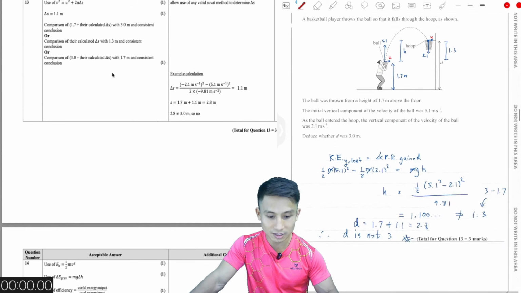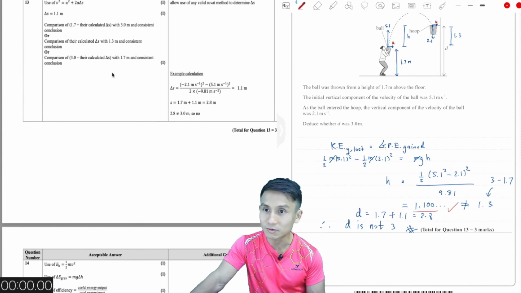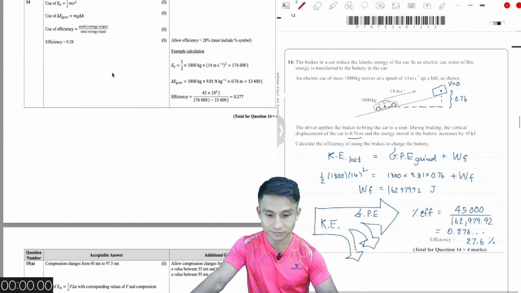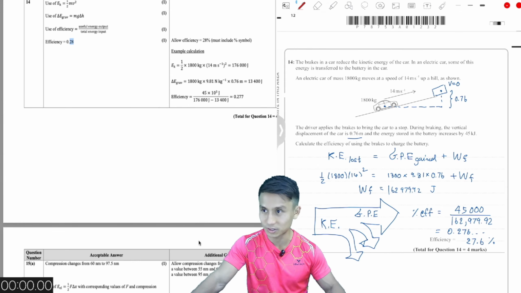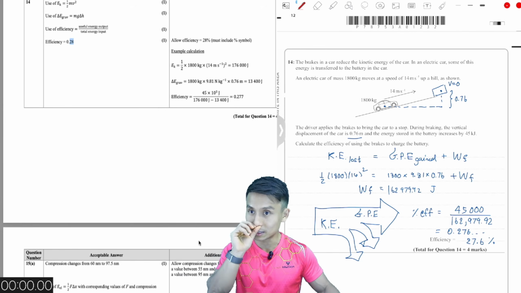Number 13. Delta S is 1.1. Yeah, I got that part right. And then I showed that it was actually 2.8. So it's no. Okay. That's fine. Haven't lost any mark yet. Good. So number 14. Efficiency 28%, or I got 27.6, which rounded to 28 indeed.